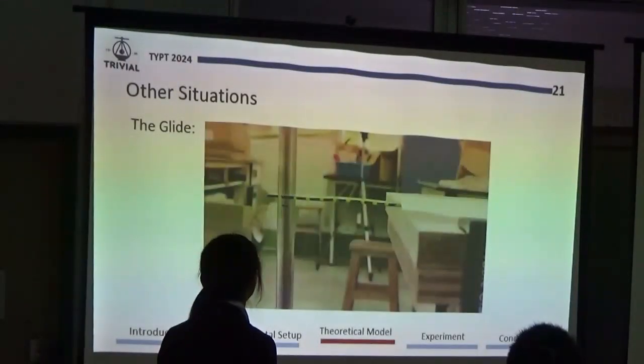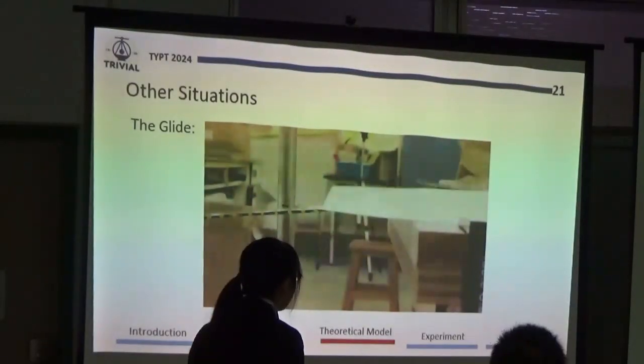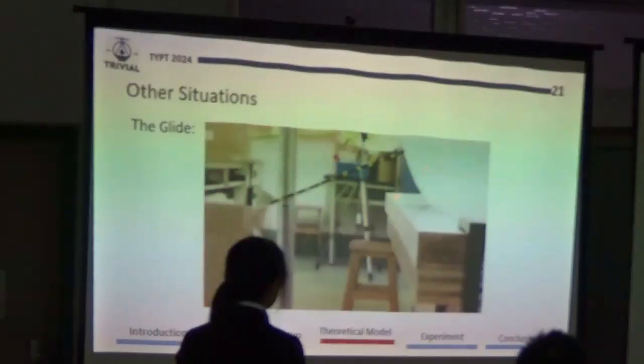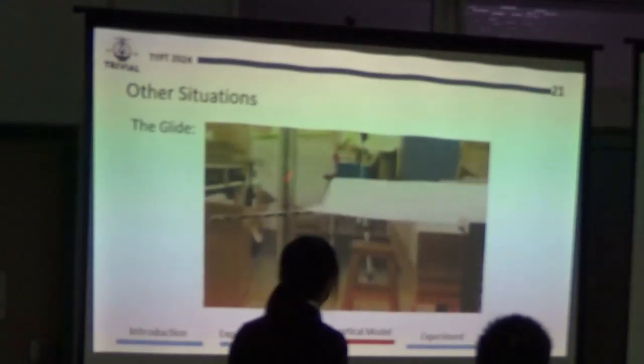So we define it as a fall of the ruler. And then this situation, I call it the glide. When the ball hits the ruler, the ruler glides forward for a period of time. It first bounces off like this, and then it glides forward. And so we can see, again, there is a time when the ruler completely leaves the table, so there is also a fall of the ruler.